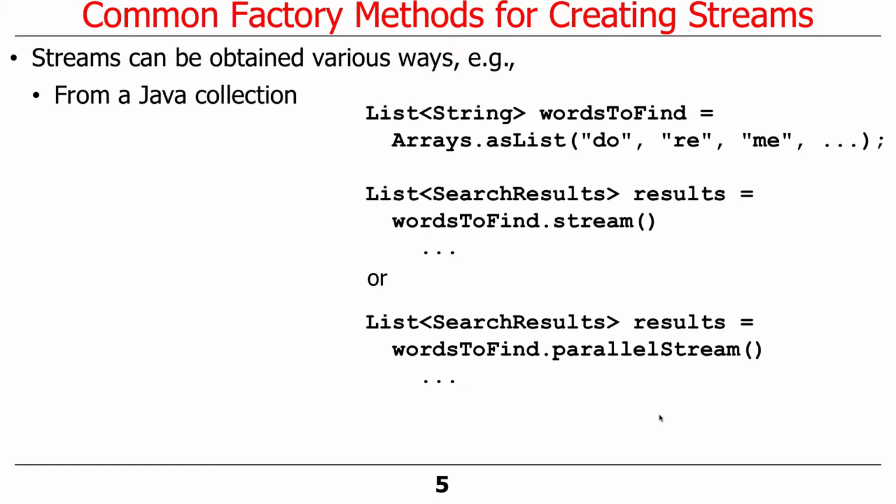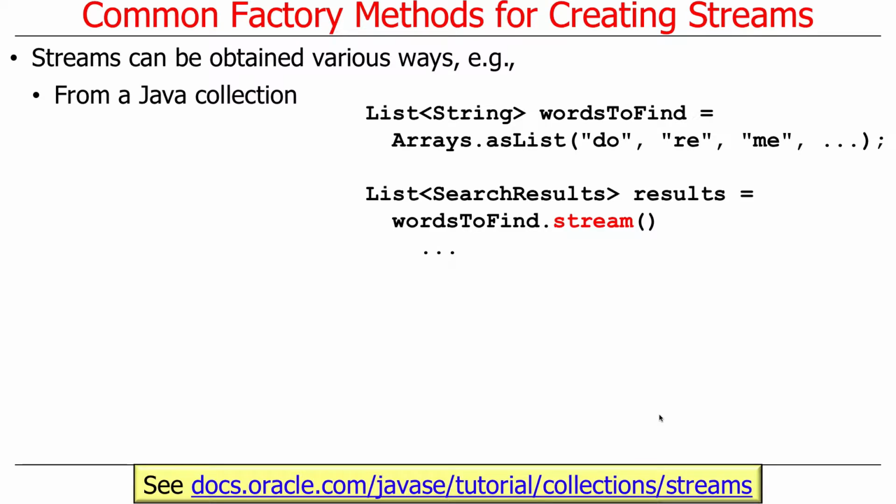So let's assume that we have a list of words, which we get through some means like taking an array and turning it into a list. We could then create a list of, whoops, that's not correct. That should be a stream of search results, which we would get by saying, oh, I take it back. No. Imagine there's more going on here that eventually turns it back into a list.